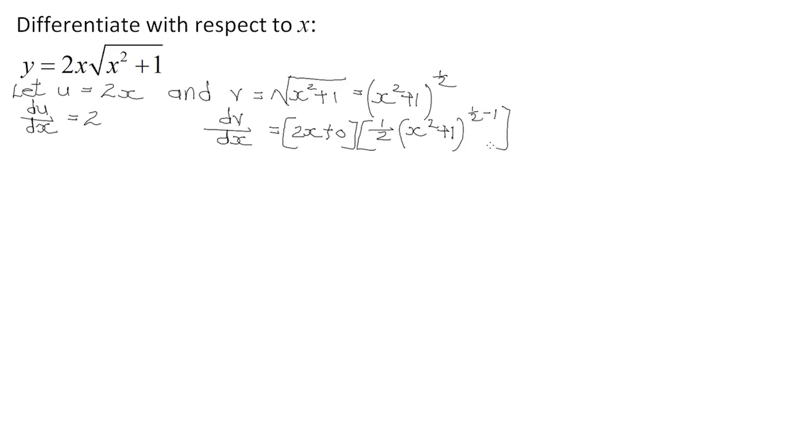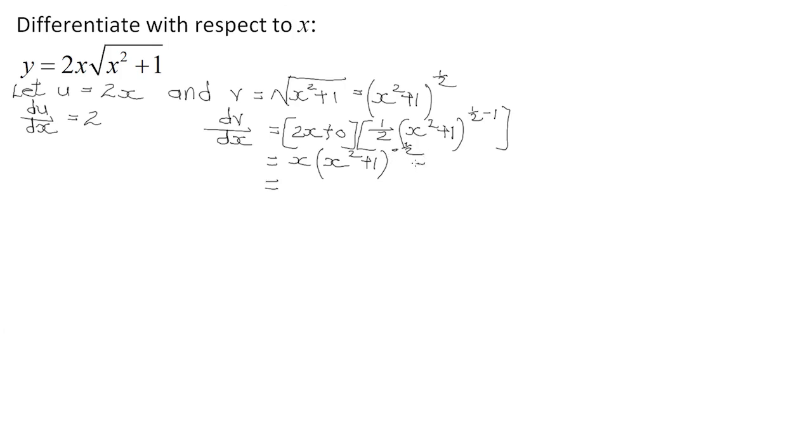Can you see the previous knowledge? What does this give me? 2 and 2 will cancel out, so you're going to have your x. And then obviously you're going to have x squared plus 1 to the power minus a half. Remember, no negative.